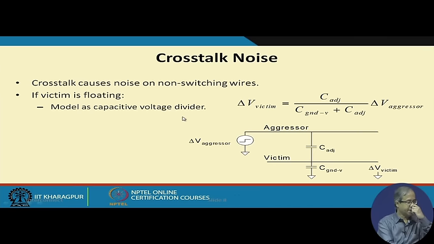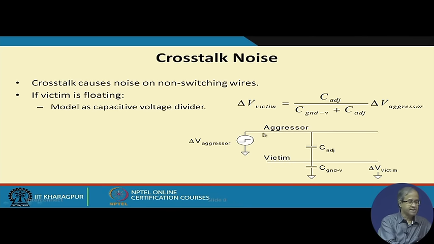So, let us look at some more crosstalk noise equations and formulations. These two wires, a change on one of the wires is affecting the voltage on the other wire, they are typically called aggressor and victim.